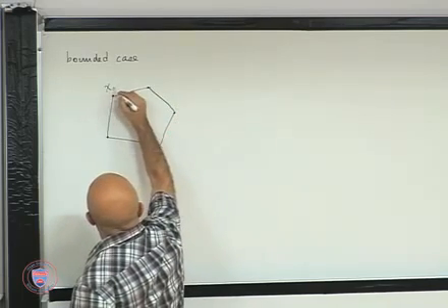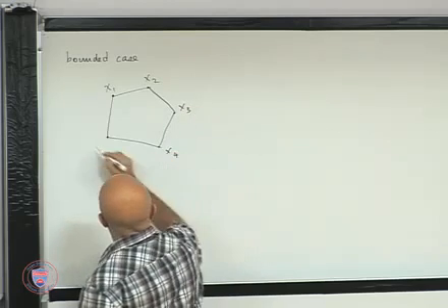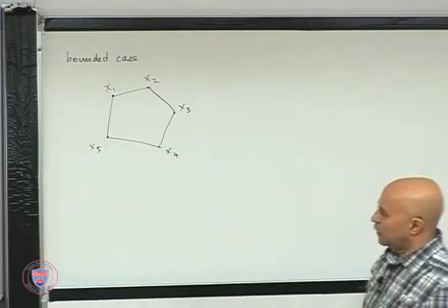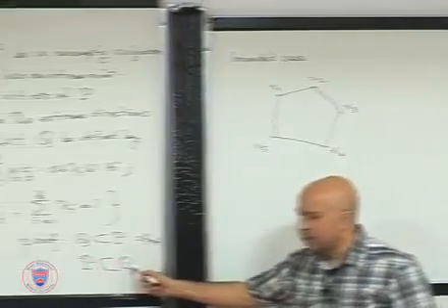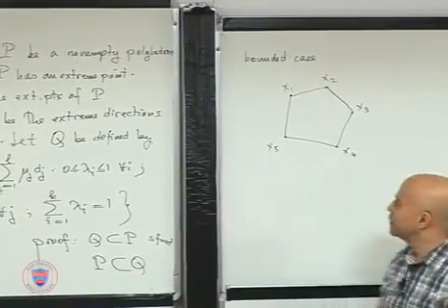So I've got x1, x2, x3, x4, x5. So we're talking about essentially the second part, except that as an example situation.